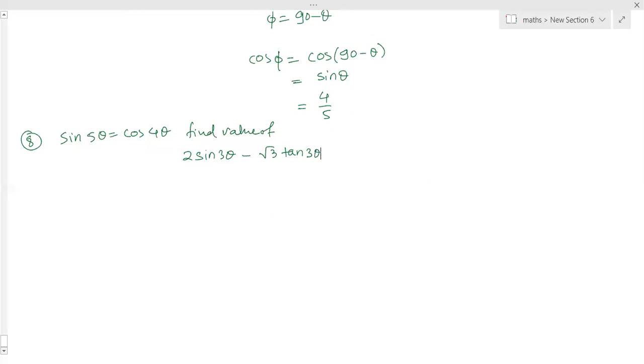Ma'am, is it sine 5 theta equal to cos 4 theta? Sin 5 theta is equal to cos 4 theta. How to do?